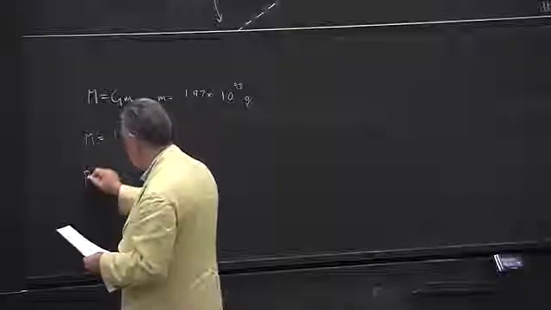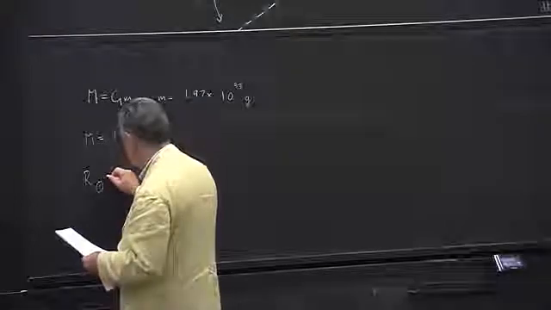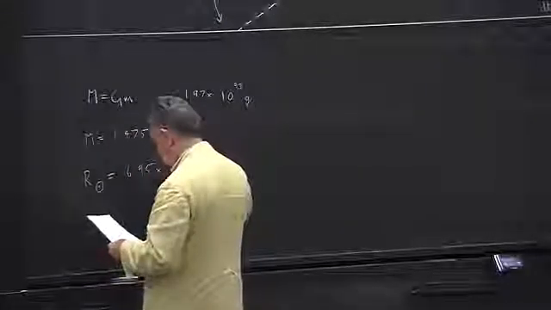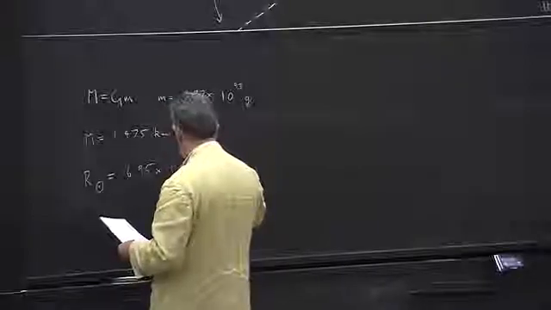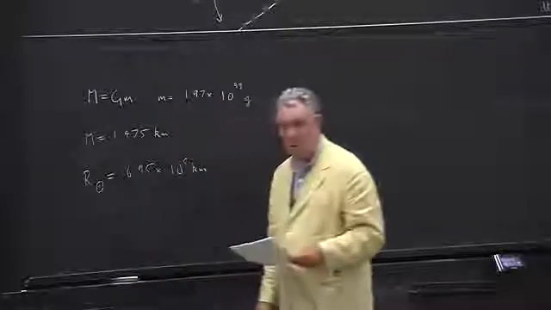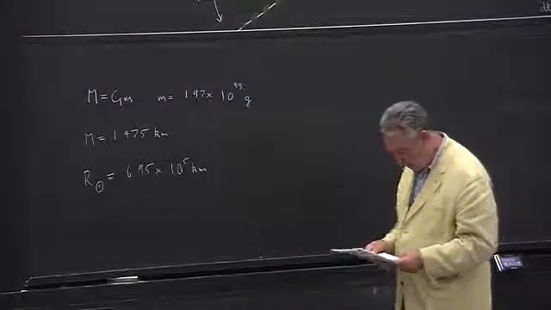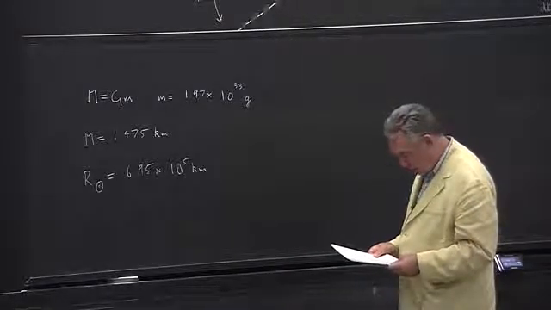And the radius of the sun is 6.95 times 10 to the 5 kilometers. So, as we said, m over r is a small number.